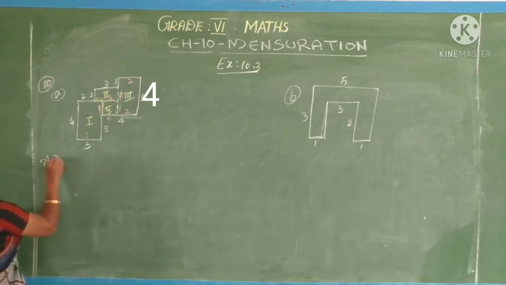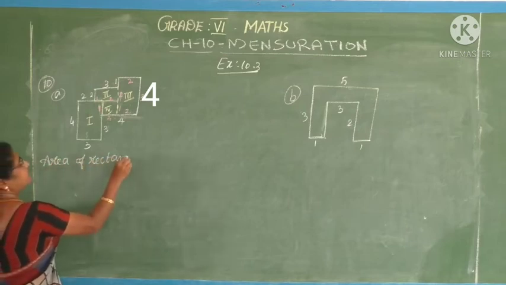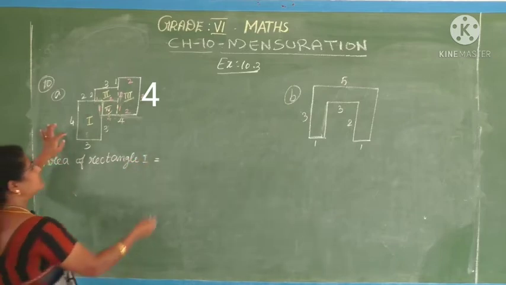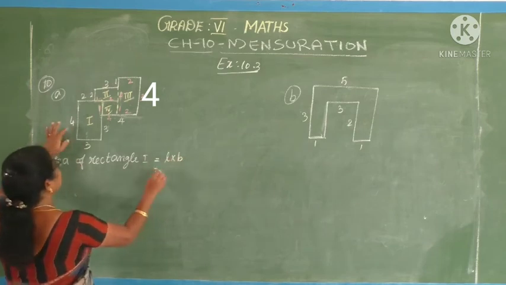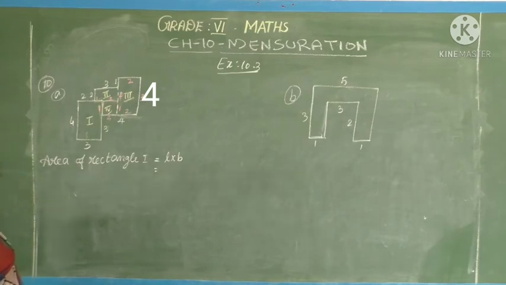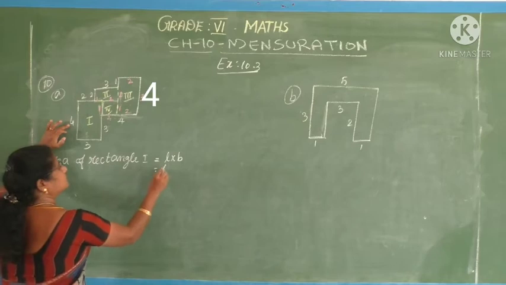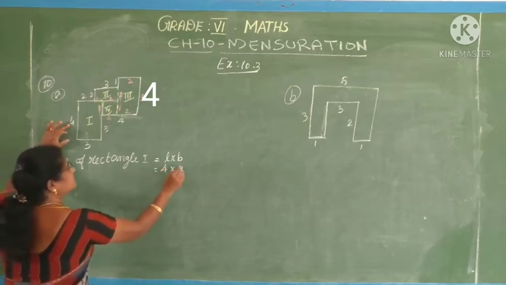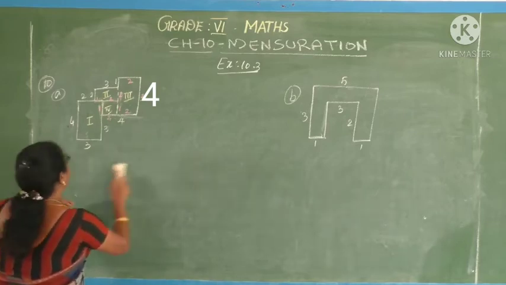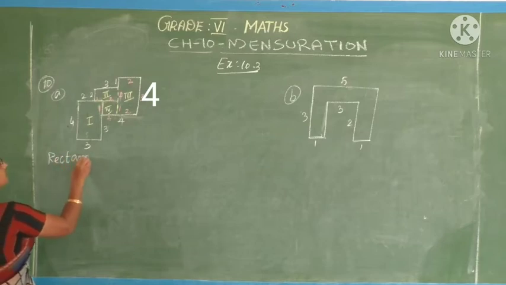Now, area of rectangle equals L into B. What is the formula? L into B square units. The length of the first rectangle is 4 centimeter, isn't it? Now 4 into breadth, 3 centimeter. First we write the first rectangle. Rectangle 1.